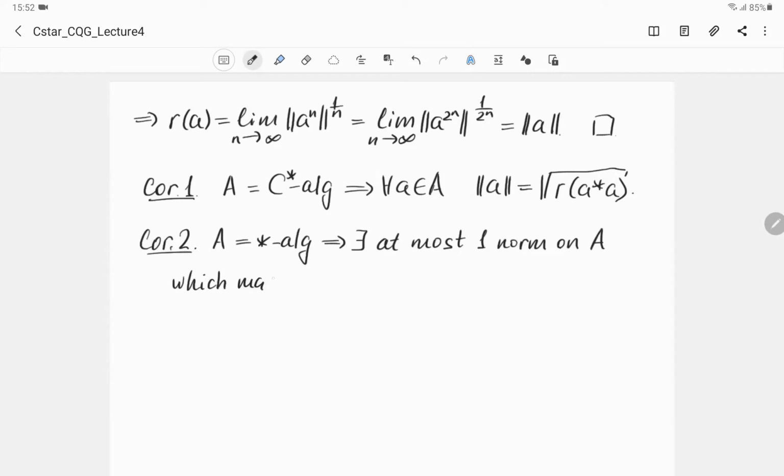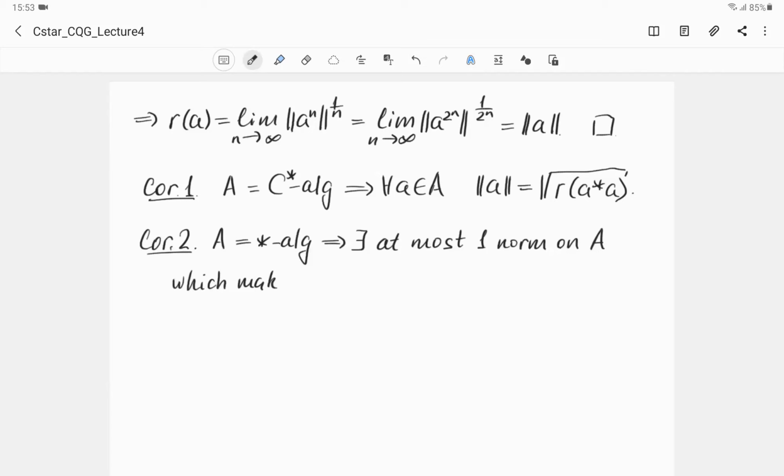Is this in the unital case? Not necessarily unital, because when we proved corollary 1 or the previous theorem, we didn't assume that A is unital. At the previous lecture, we defined the spectrum for any element of an algebra, which is not necessarily unital.